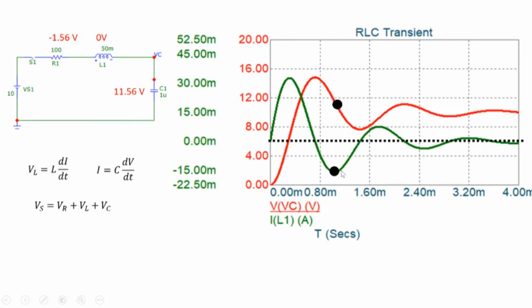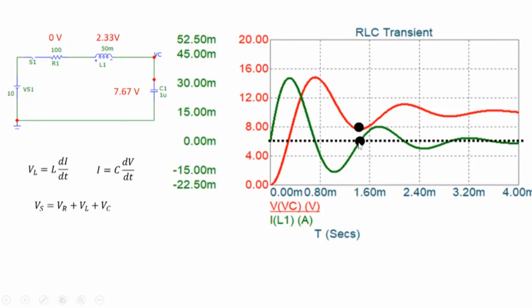And because we have reached the peak of the inductor current in the negative direction, the drop here is 0, and the drop here is minus 1.56. But note that the inductor current is still negative, so the capacitor voltage will keep on decreasing. And again, just like there was an overshoot here, the capacitor will not settle down at 10, but there's an undershoot here. So look at what happens at this point.